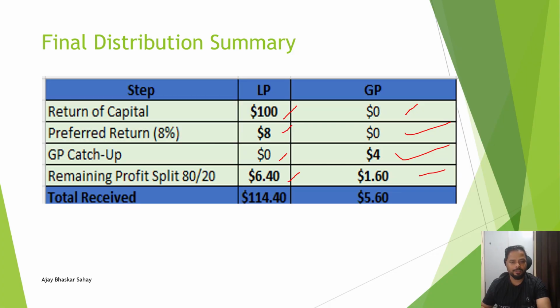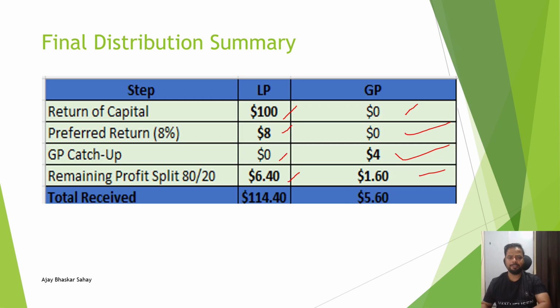So the total LP is around 114.40 and the GP is 5.60, and if you add these two, it is around $120.